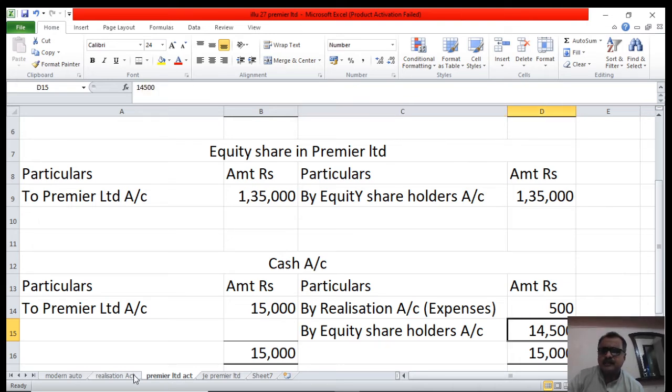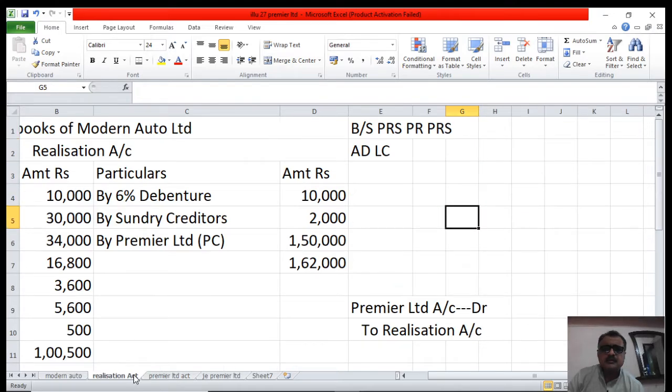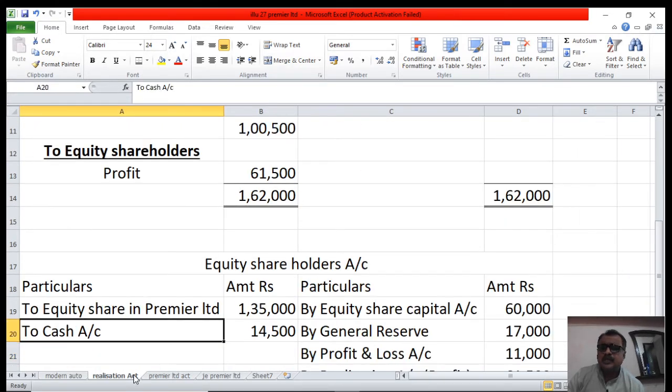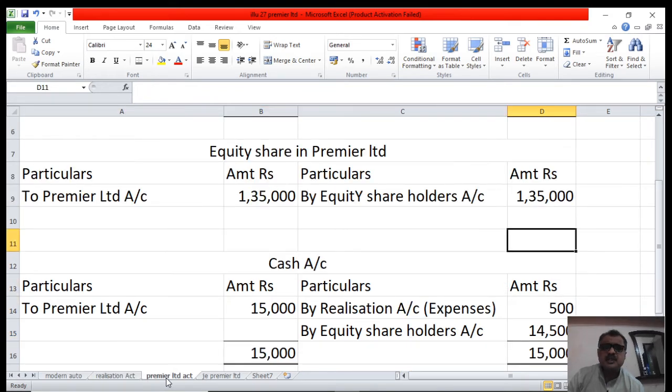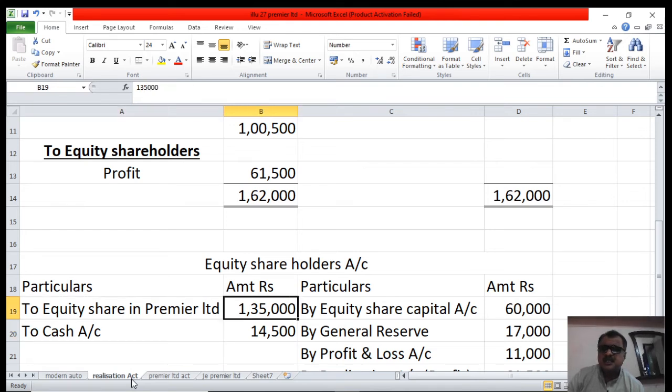So here it will be to cash 14,500, and then whatever shares we have received, that also we will give to the equity shareholder. So it will come on credit side by equity shareholder 1,35,000. So here it is by equity shareholder. So in equity shareholder it will be to equity share in Premier Limited 1,35,000.